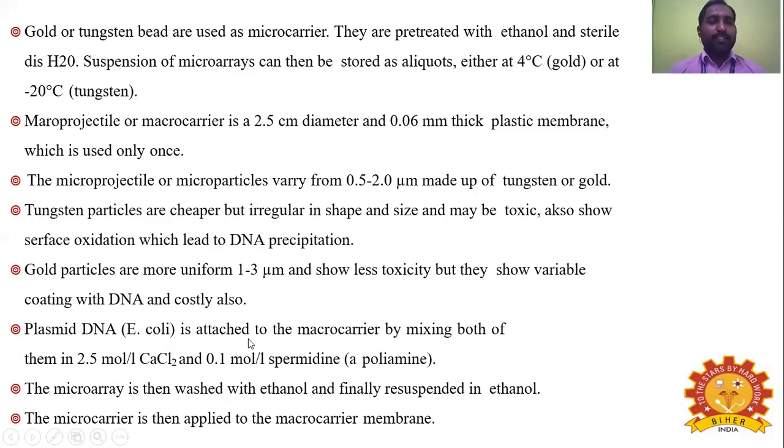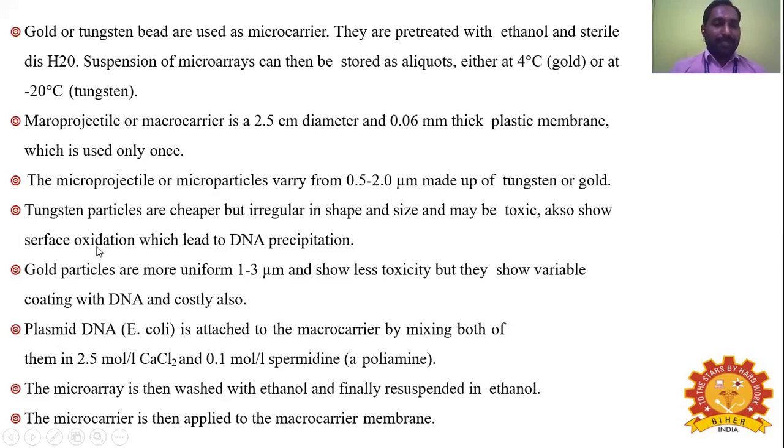And also the plasmids will be attached to the microcarrier, that is the gold particles, by mixing both the plasmid and gold particles in 2.5 molar calcium chloride and 0.1 molar spermidine, that is the polyamine.